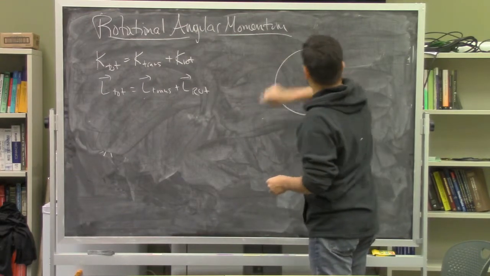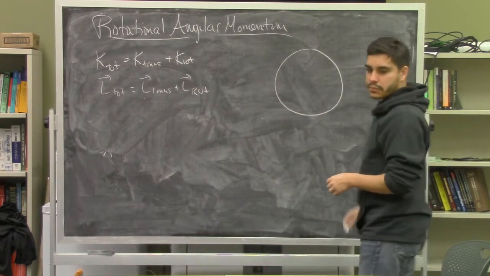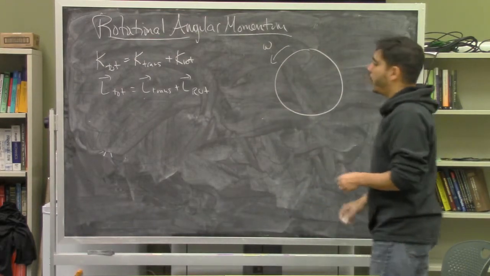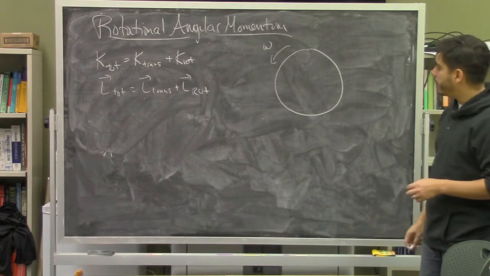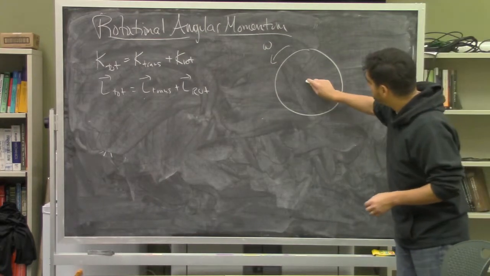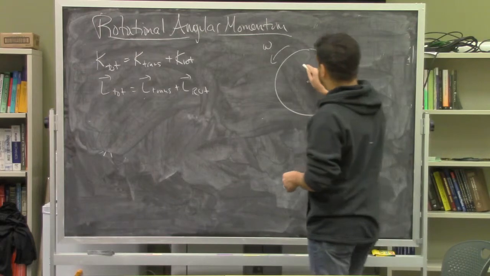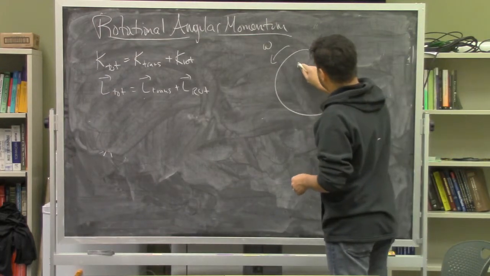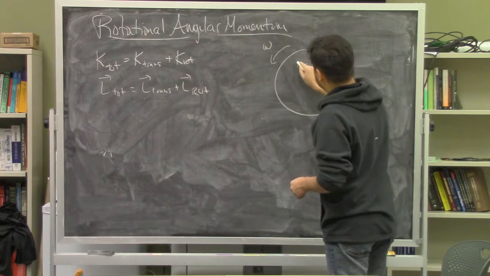So I'm going to take a disk here, and I'm going to allow this disk to rotate with an angular velocity omega, or an angular speed omega right now. And it rotates about its center. And we're going to consider an atom sitting right here, which is a distance r perpendicular away, and it moves with a momentum p.